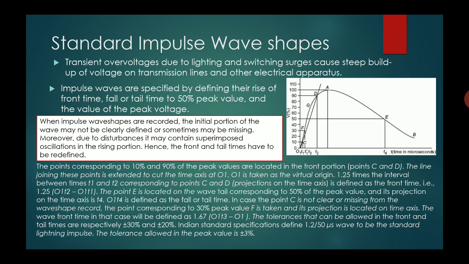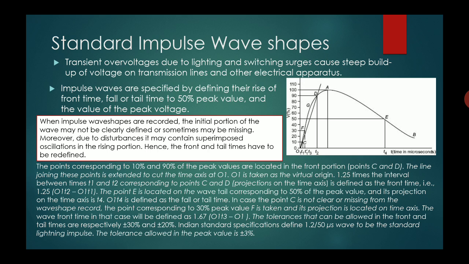So why is this definition needed? The impulse wave has no proper shape. Like we have AC power, which has a sinusoidal shape, DC power, which is a straight constant shape, or you can have a triangular waveform, any kind of waveform, but an impulse has no particular shape.